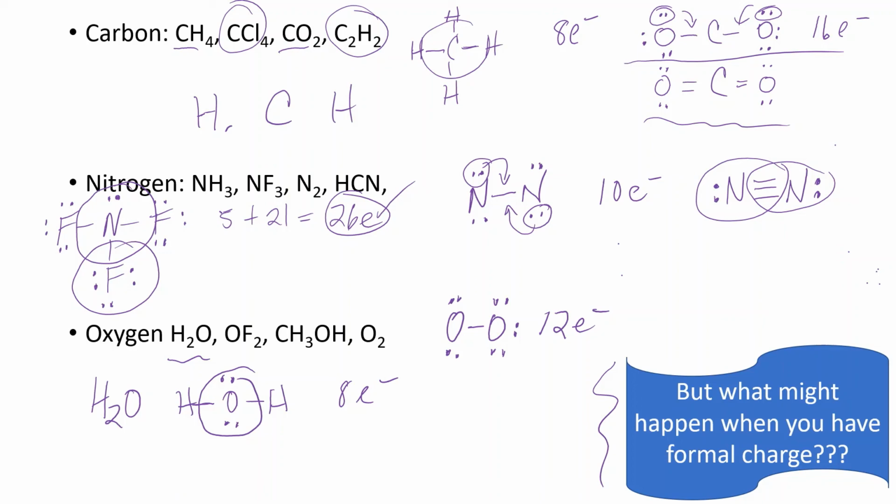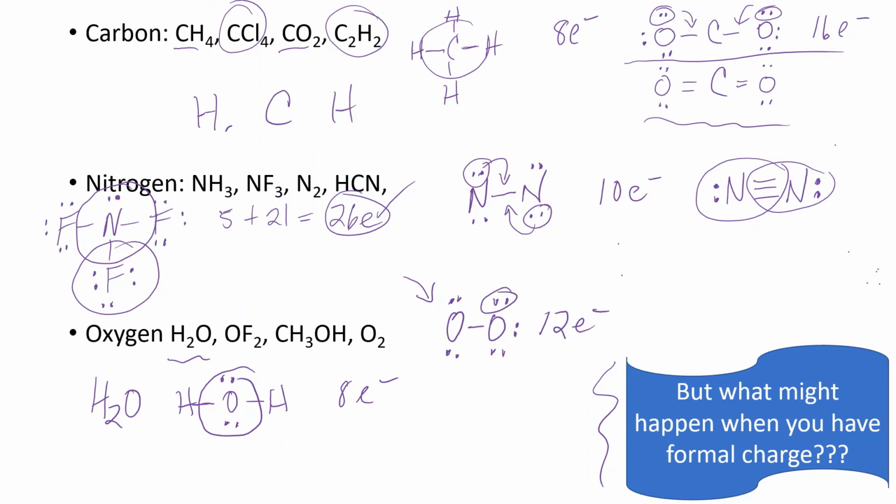So that's good. But notice we don't have an octet situation here. 2, 4, 6, 8. For this oxygen on the left, we don't have an octet. That's not good. We also don't have 2 bonds between the oxygens and 2 lone pairs for each oxygen.